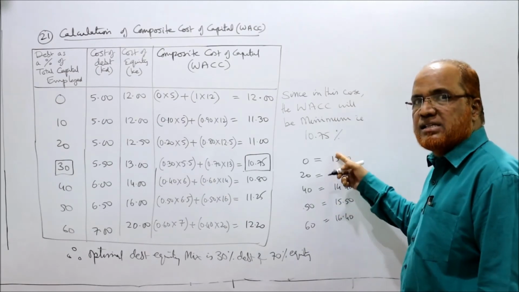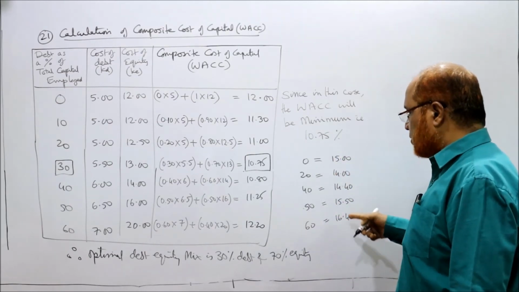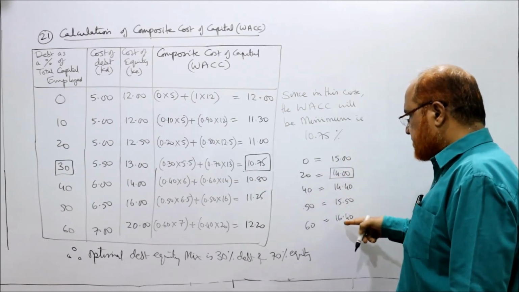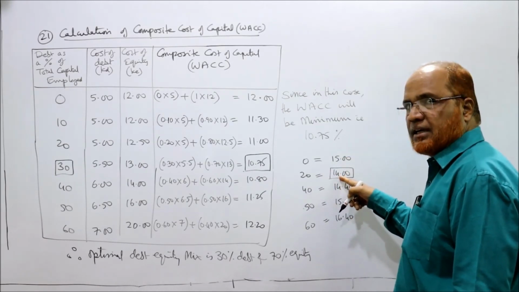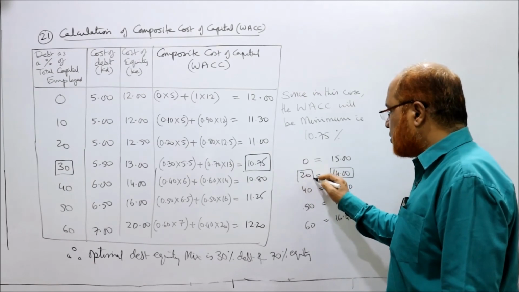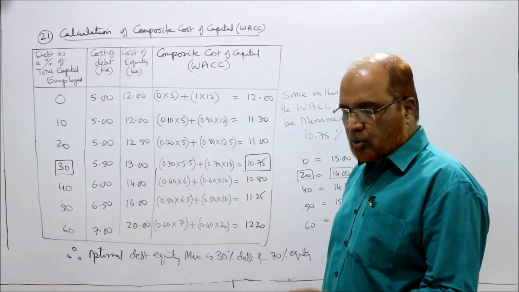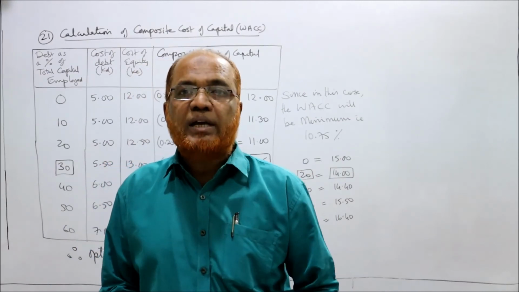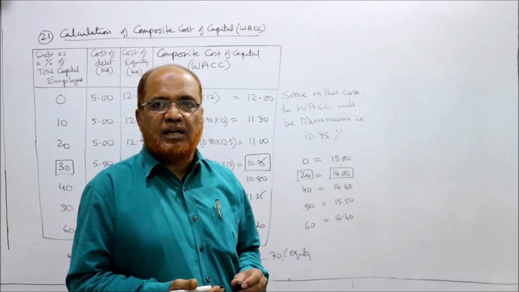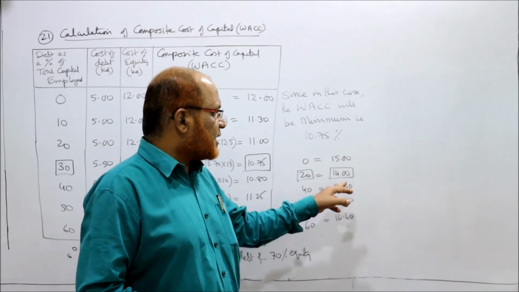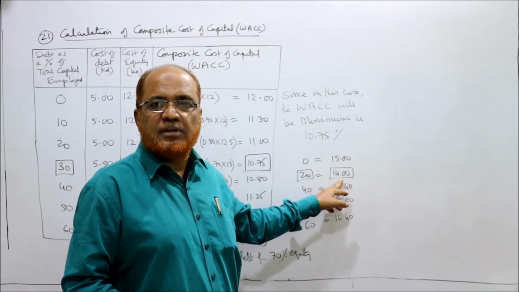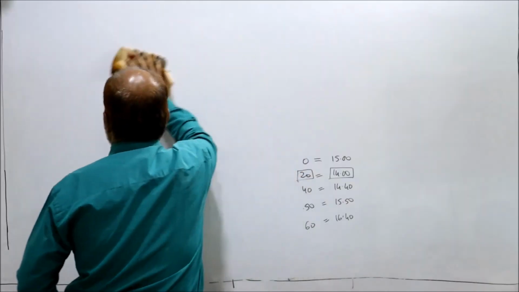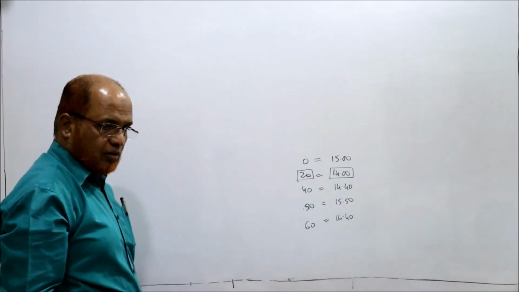These are the composite costs you will get. What is the lowest among these? 14% is the lowest, and it is against 20%. So your ultimate conclusion: the optimal debt equity mix is 20% debt, 80% equity, since in this case the composite cost of capital is the lowest, that is 14%. You can copy down this answer for your verification.